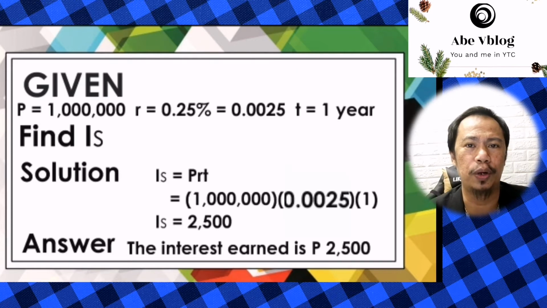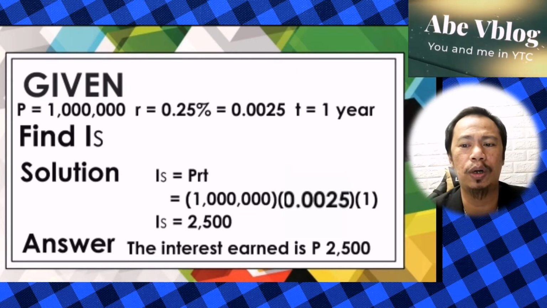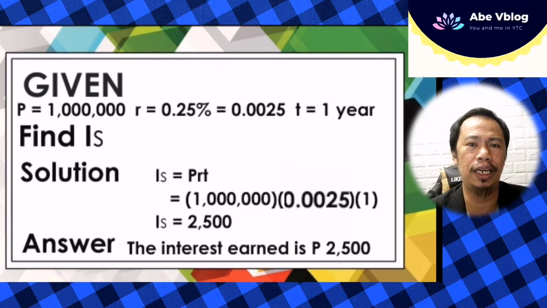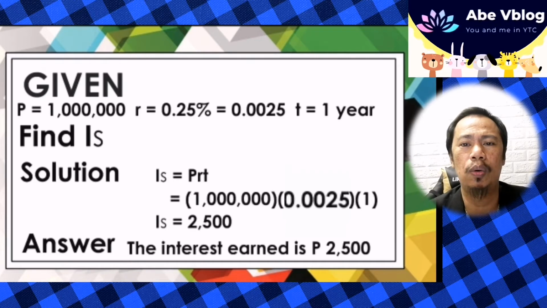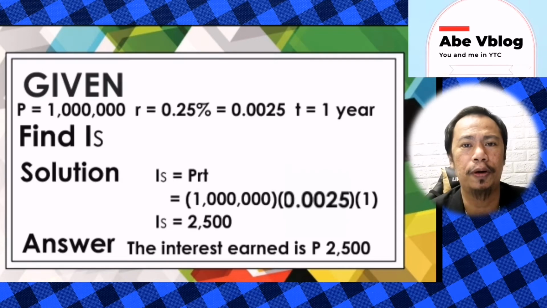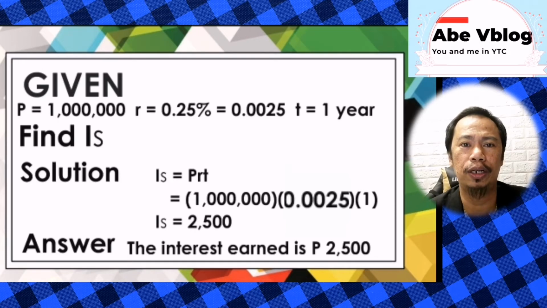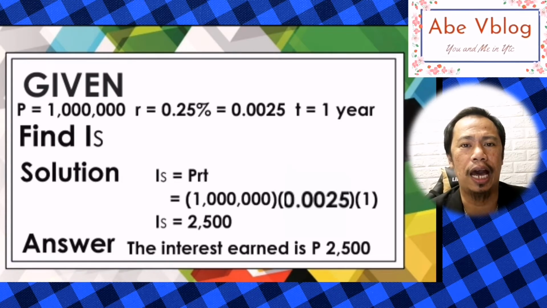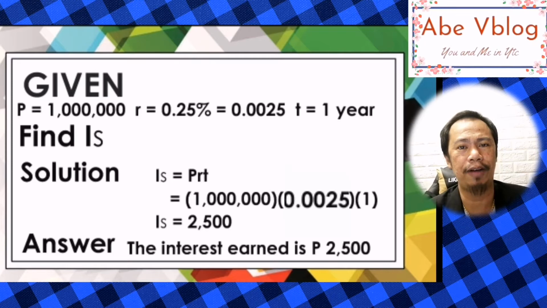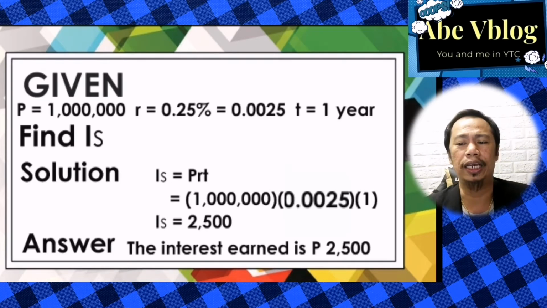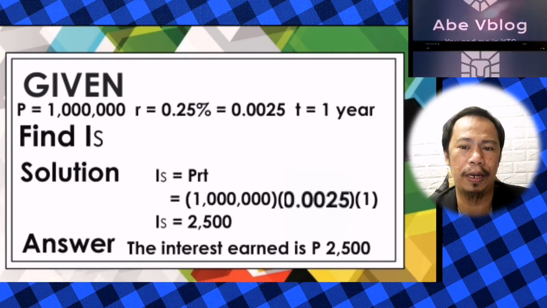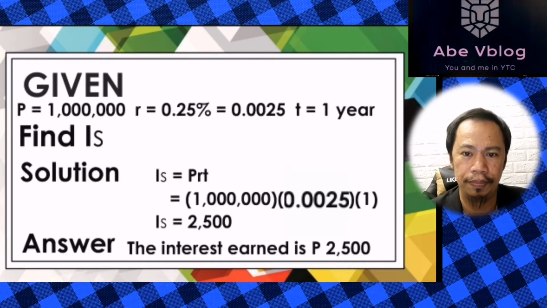The formula that we're going to use is Is = PRT. Then we substitute the given values: 1 million for the P, 0.0025 for the R, and 1 for the T. Then the Is is 2,500. So the interest that will be earned in 1 year is 2,500 pesos only.